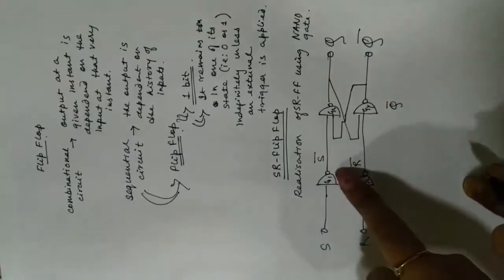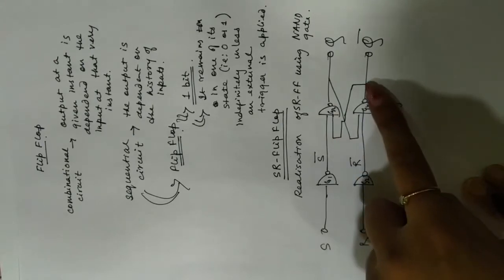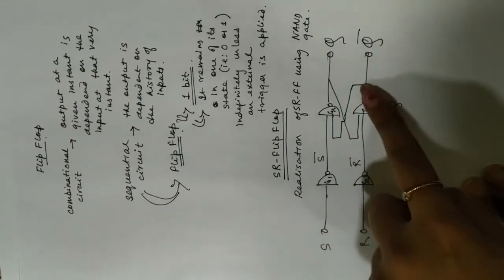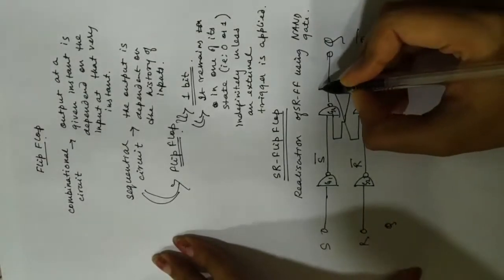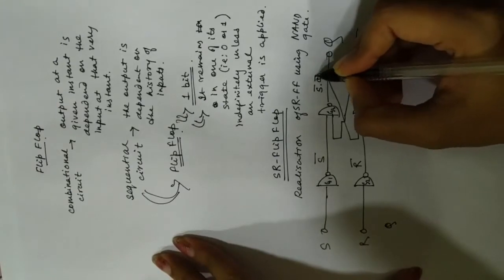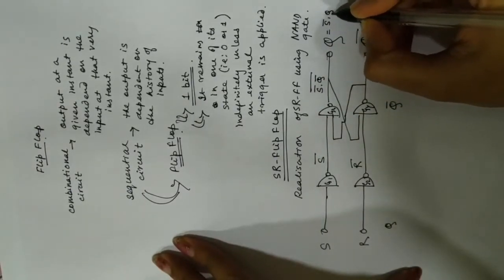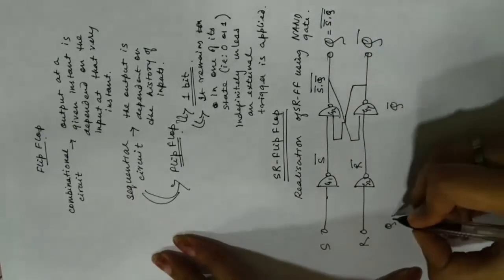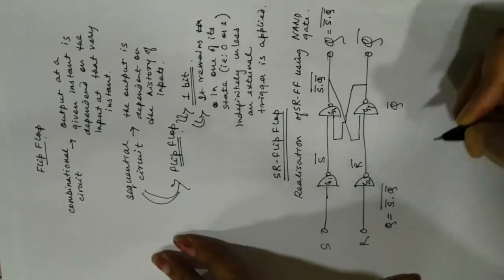Then S bar goes to gate G3, and also Q bar comes from the output and goes to gate G3, right? So Q is equal to S bar dot Q bar, whole bar.